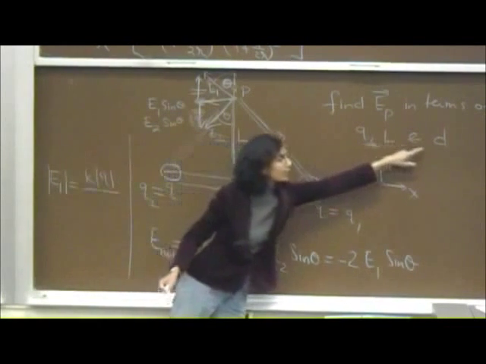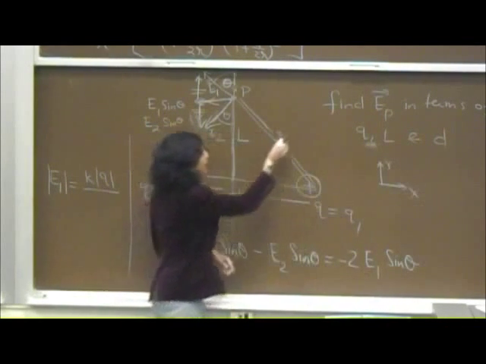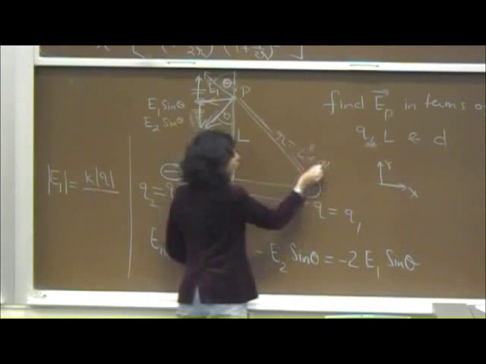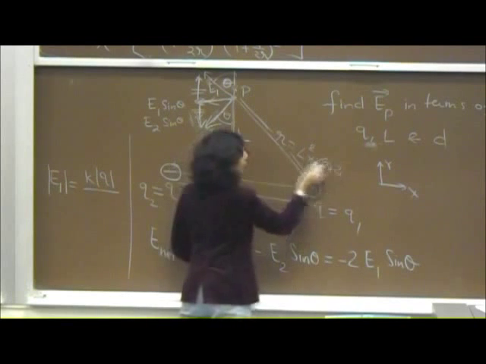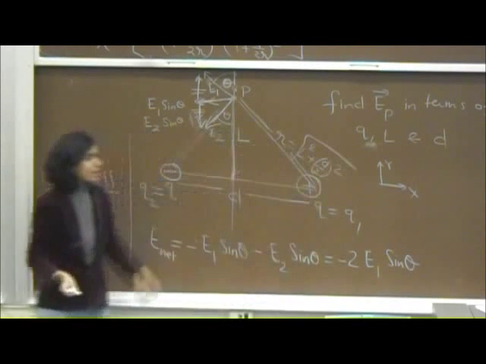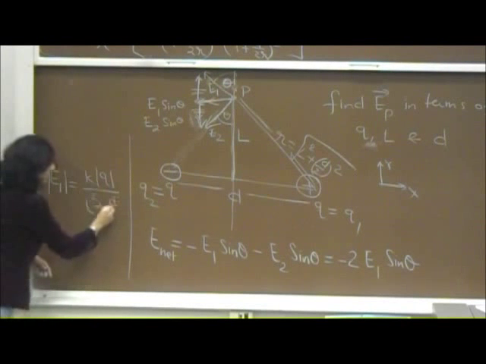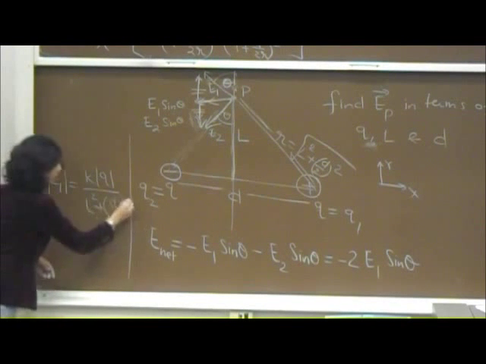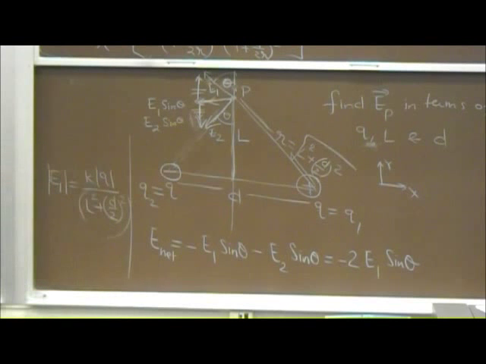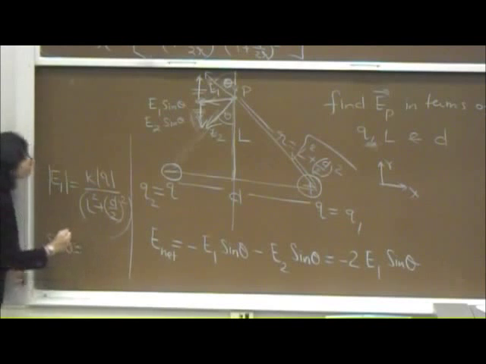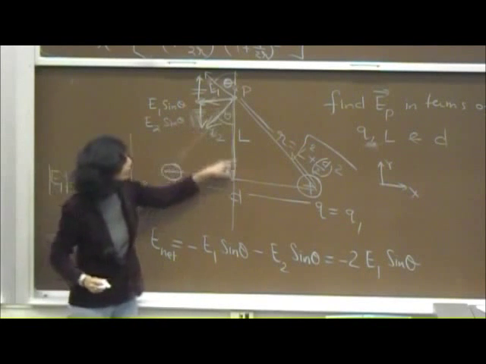L and D. Can I write R squared is equal to L squared plus (D over 2) squared? So this thing will be L squared plus (D over 2) squared. And what will be sine theta? Anybody want to tell me what is sine theta from this triangle?